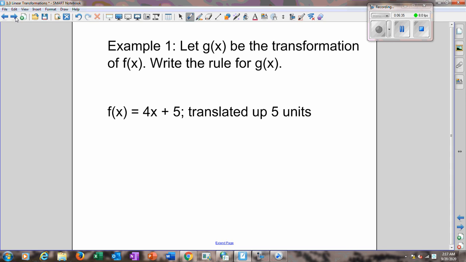So now we know we're going to have a function called g of x equals 4x plus 5. Because this is a vertical translation, it goes outside the parentheses, so it's not going in with this x. It just gets tacked onto the end.